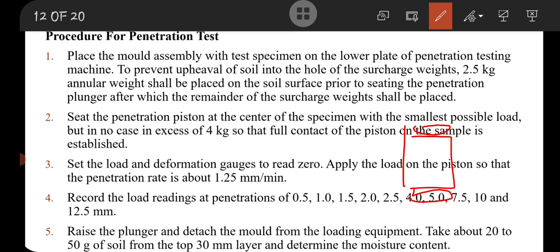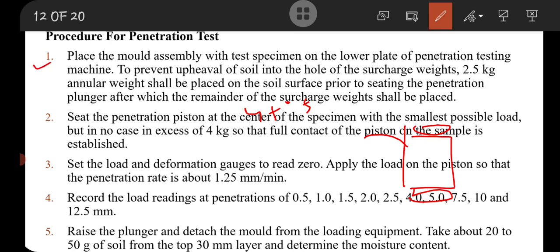Then, after 96 hours, we will take the mold out of the water and keep it for 4 to 5 hours in the atmosphere, so that the water on the surface of the mold is dried. After that, we will take the mold to the test specimen.